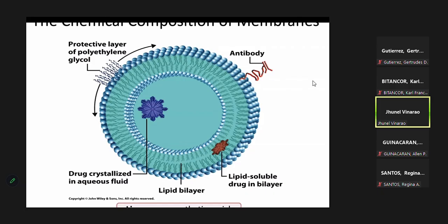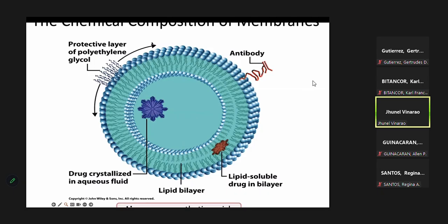kapag naked lang yung drug, kapag taken orally siya, it will interact sa ating mga proteases or yung mga enzymes that would digest proteins. Especially if protein-based yung inyong drug. And pagpasok niyan sa intestine, makaka-interact niya yung strong acid.